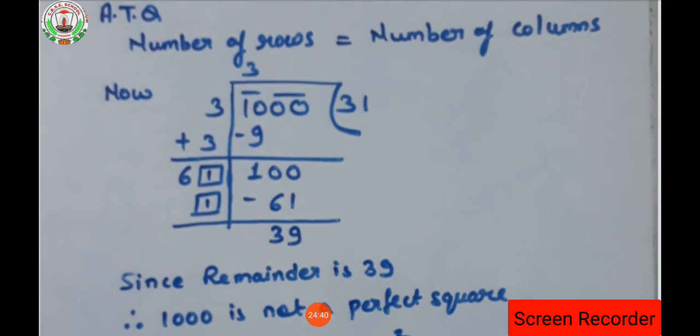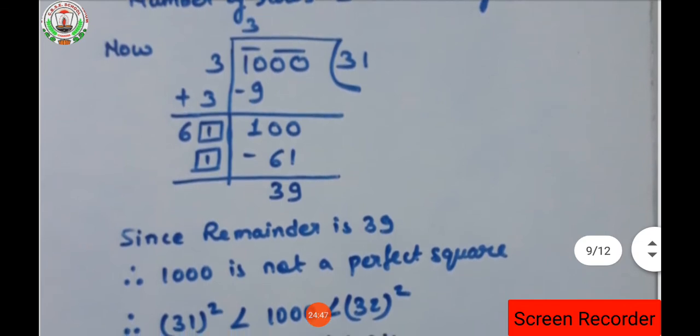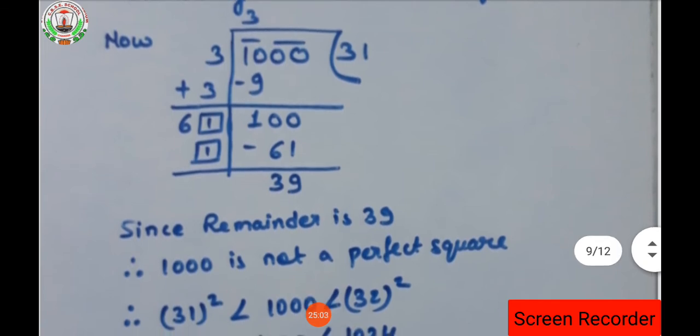So here we find the square root by the long division method, making the pairs from the right hand side. 10 is there, so 3 into 3 is 9, 4 into 4 is 16, 16 is greater than 10, so we are not going to take 4. Okay, so 3 into 3 here will be 9. As we know, people know very well how to do the long division method, isn't it?